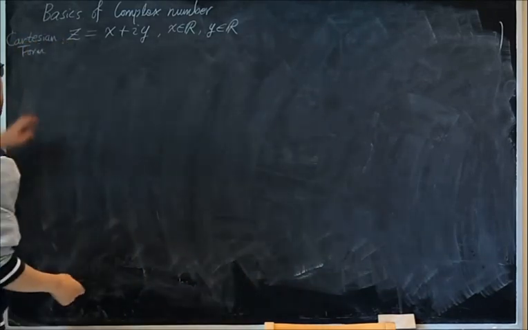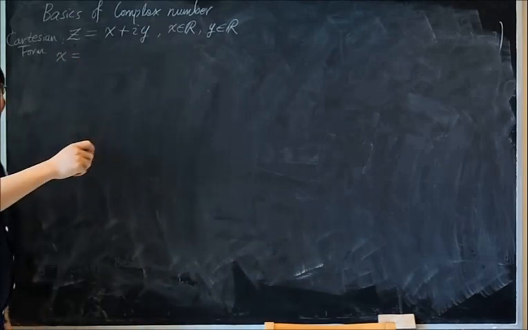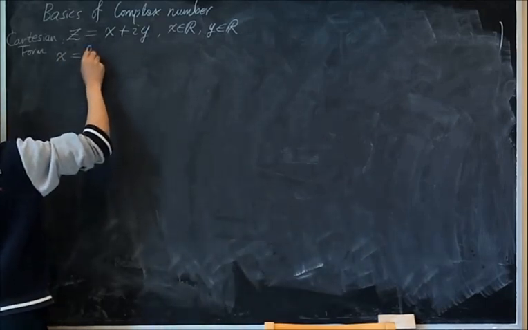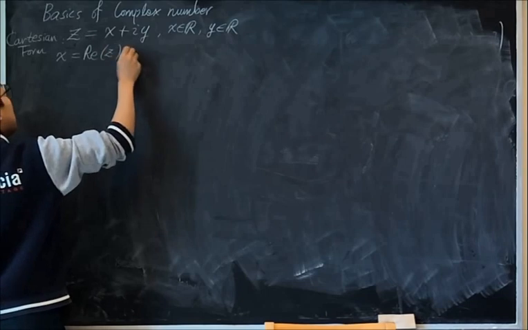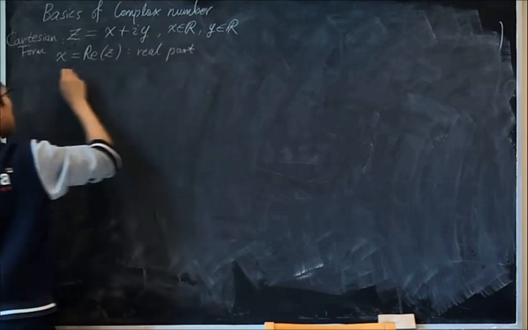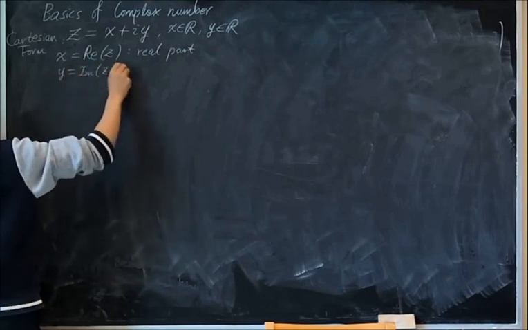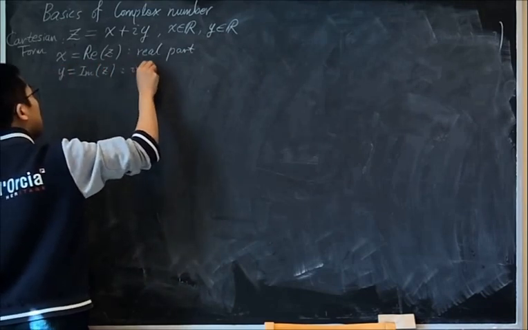Here x, sometimes given the symbol Re of z, is called the real part. And the y, sometimes given the symbol Im of z, is called the imaginary part.